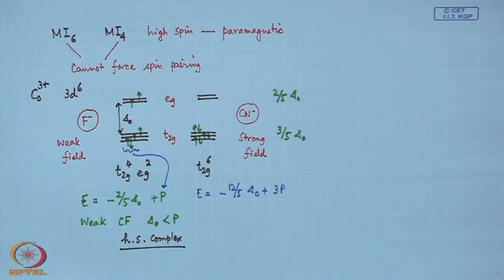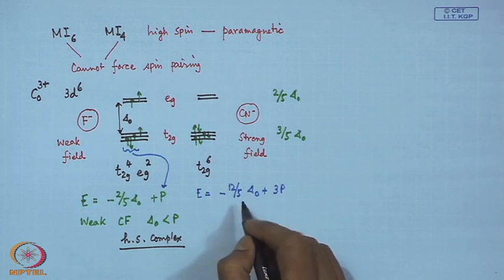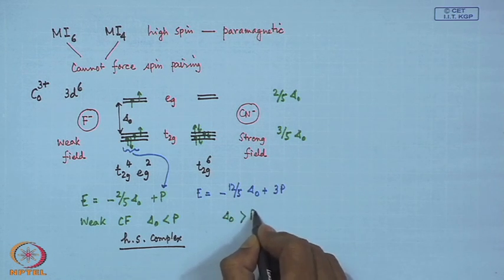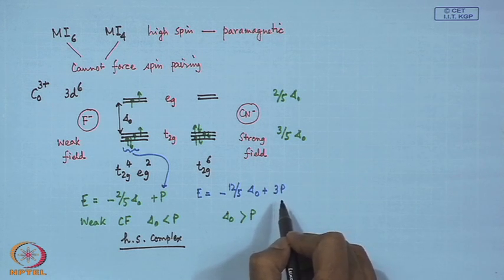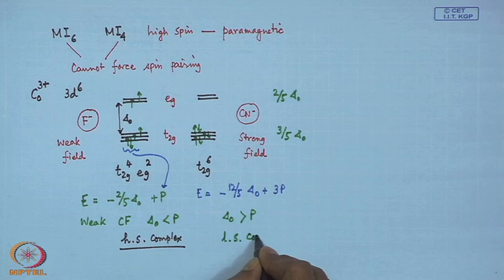So, here we just develop the high spin complex. Similarly, on the right hand side we have the maximum stabilization, and here delta O is greater than P. Though we have the 3 pairing energy terms, since delta O is greater than P, we get the low spin complex.